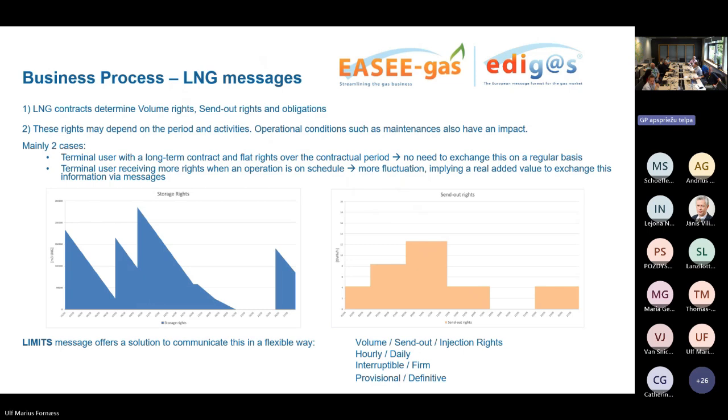It can be done on an hourly or a daily period, so it's possible to choose between both, which is quite convenient because you don't need a new message for a different commercial model. It can also be used to give information about interruptible rights or firm rights, so you can distinguish both inside the message. And lastly, it can be used for provisional data or definitive data.